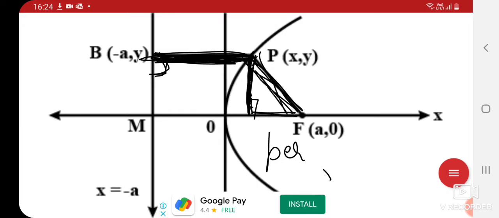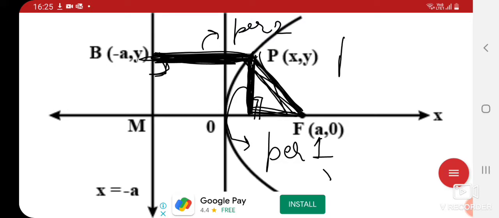That states that the perpendicular you obtain by this triangle must be this perpendicular. Let's say this is perpendicular number 1 and this is perpendicular number 2, right? By observing this, you can say that perpendicular number 2 is larger than perpendicular number 1. Why? Because this perpendicular has its hypotenuse.